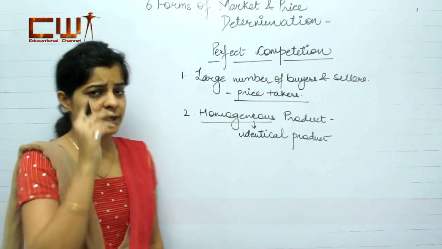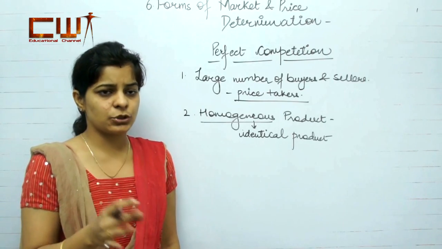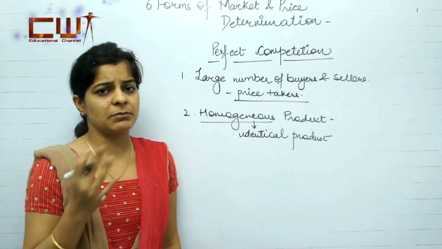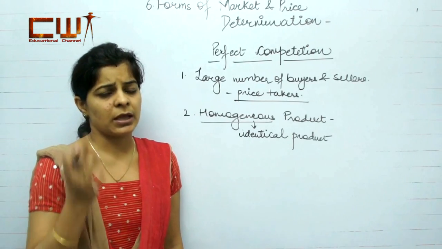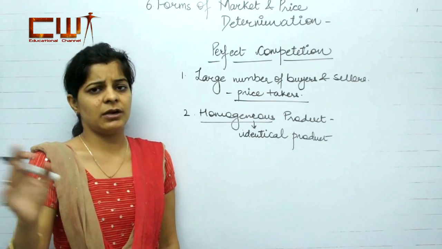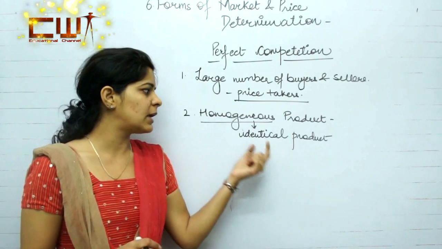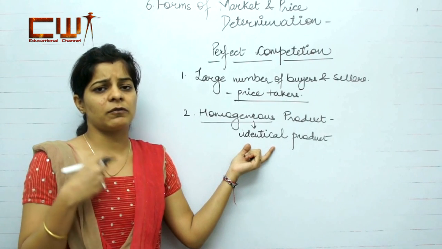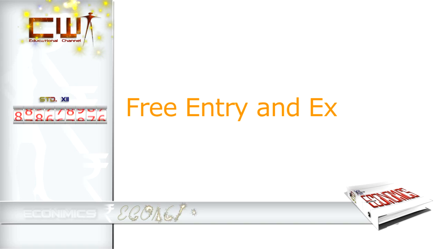If you take the shape, the size, the color, everything, the products are similar to the other industries' products. So one industry, other industry, third, fourth, fifth, however many sellers are selling, they are all selling identical products in whichever respect or aspect you take up. Next is free entry and exit.